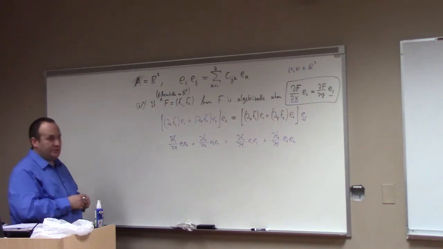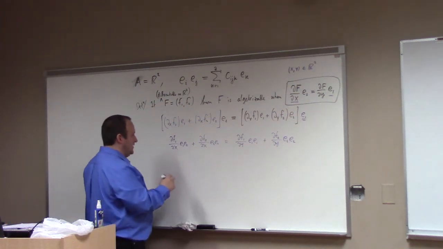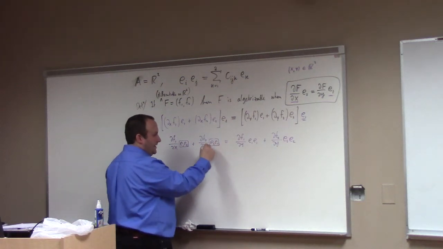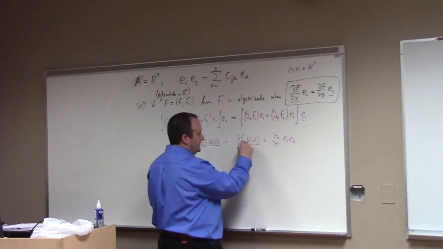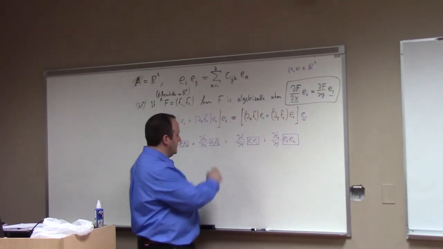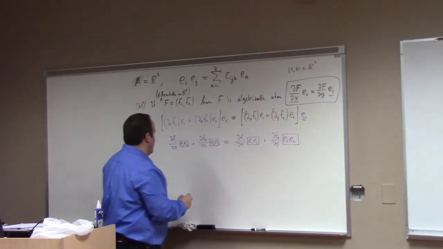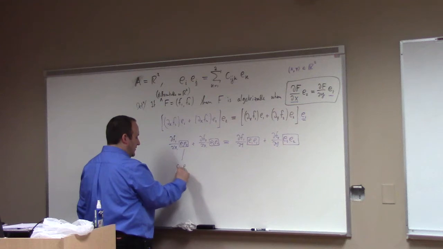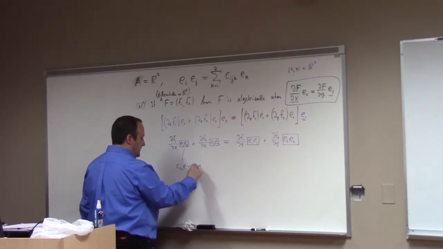But anyway, great. And then what we do is we take these and expand them in terms of the structure constants. This is equal to, well, c121 e1 plus c122 e2.